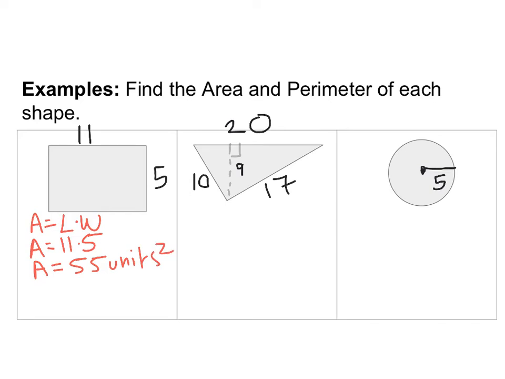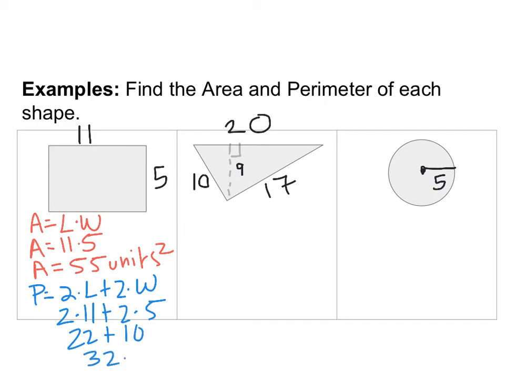Then let's do the perimeter for this shape. Perimeter is 2 times the length plus 2 times the width. So 2 times 11 plus 2 times 5. 22 plus 10 is 32 units.